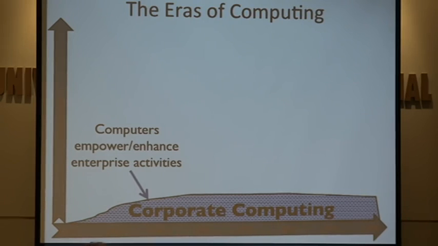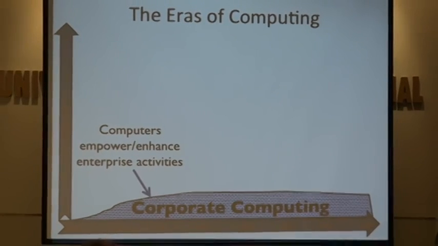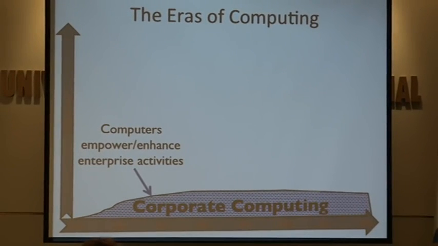It started in the early 1950s and reached its peak probably in the late 1970s. But it goes on forever. I mean, those uses never stop. As we talk about eras, though, we really aren't talking about people stopping doing things, but we're talking about what was the predominant thing that was going on during that period of time.